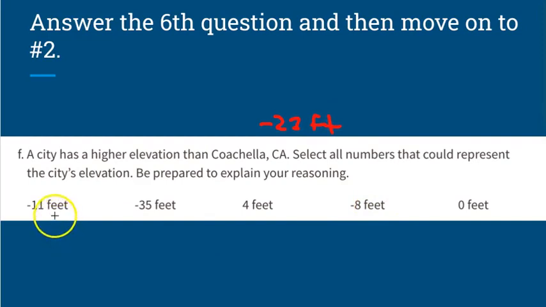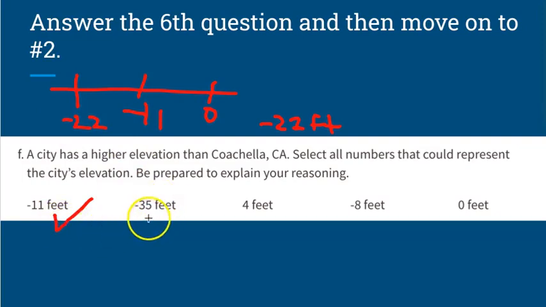Okay, so negative 11 would have higher, wouldn't it? Because negative 11, if we look at a number line, is going to come closer to 0 than negative 22. So it is going to be higher than Coachella.